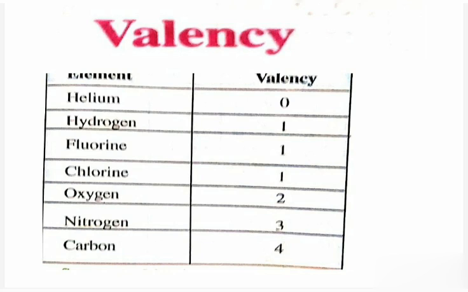So if there are not 8 electrons in the last shell, how does it get 8 electrons? To get those 8 electrons in its last shell, sometimes the atom of an element gives electrons to another, and sometimes it takes electrons from another. For example, if there are more than 8 electrons in the last shell, the atom gives that electron to another one.